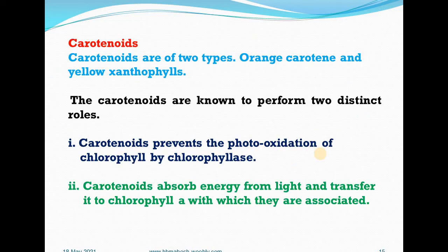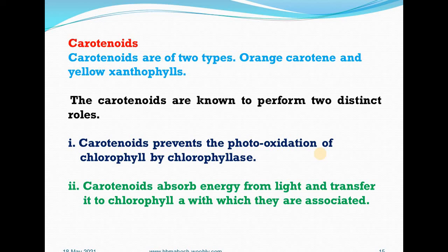Next category is carotenoids. Carotenoids are of two types, orange carotenes and yellow xanthophylls. Mainly these carotenoids are known to perform two distinct roles. Generally in examinations, 1 or 2 mark questions may ask: write the functions of carotenoids.